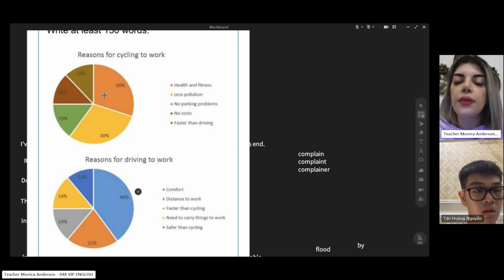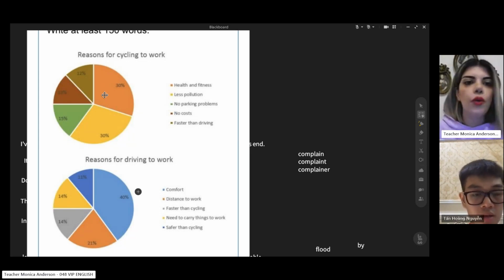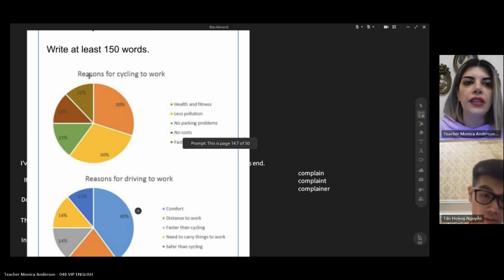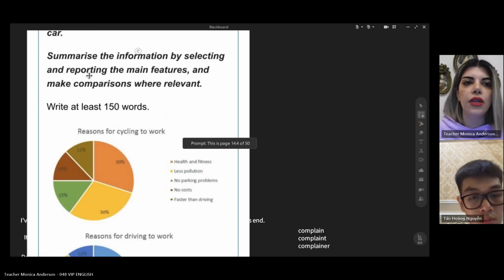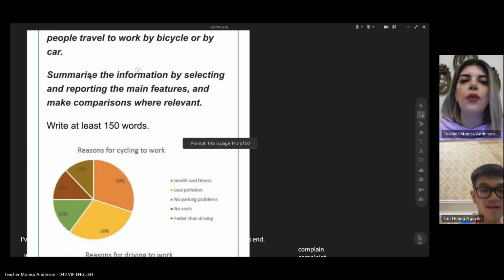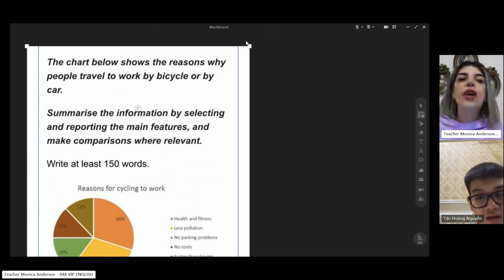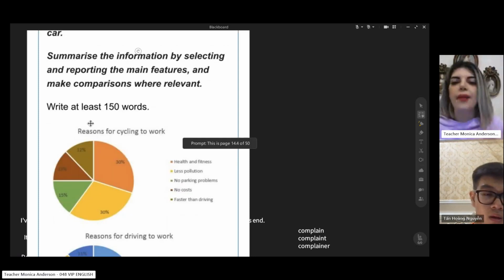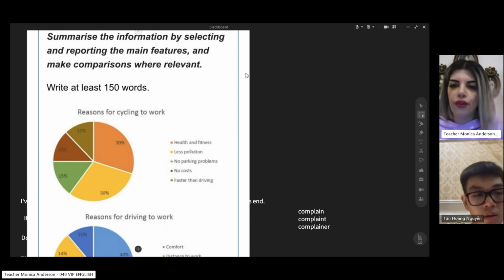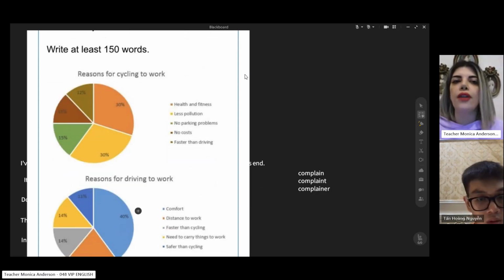So first of all, we're going to write an introduction for this pie chart. We have the title, and we're not going to make something complicated. We have two charts. So we say the given two charts, for example, instead of show, illustrate, display, demonstrate, something that you want.